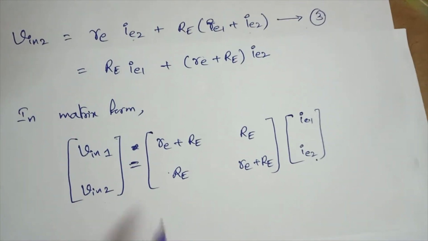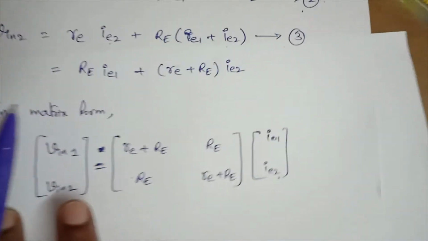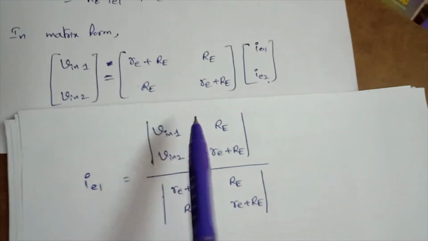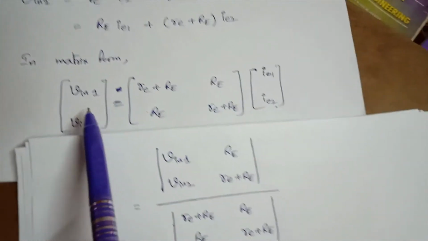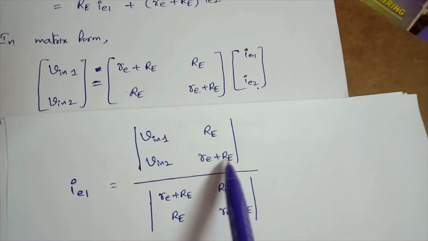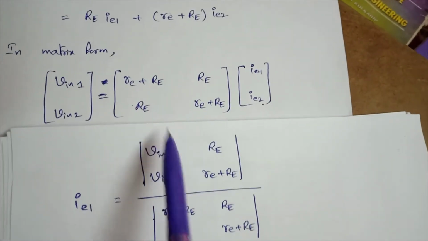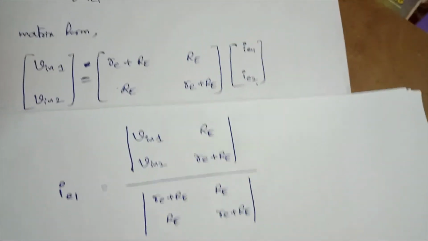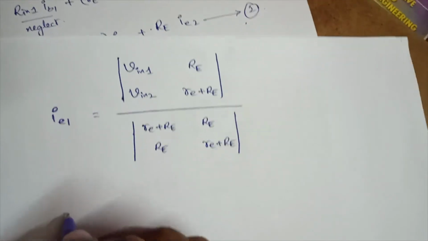Okay, let us write the equation for IE1. IE1 is equal to, so replace first column with Vin1 and Vin2. Find the determinant, divide by determinant of the original matrix. So then we are getting this equation like this. Now find the determinant of this equation.